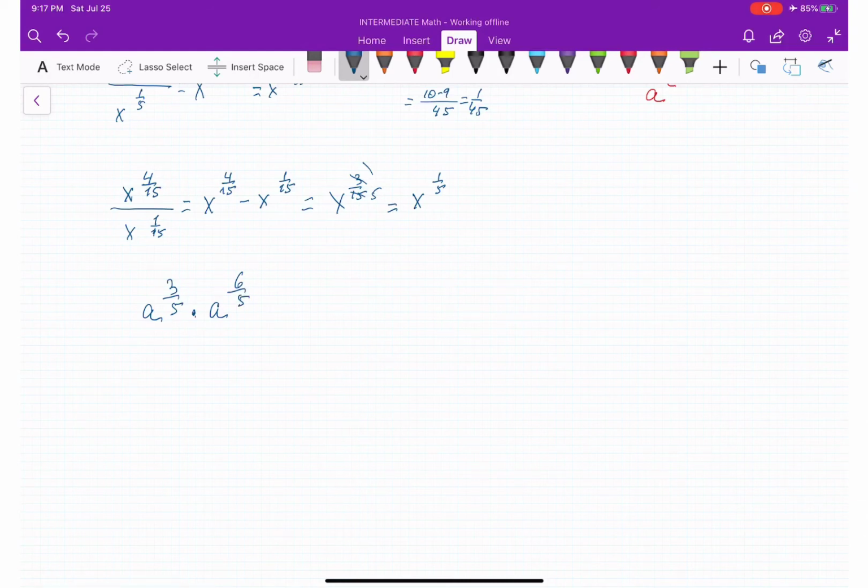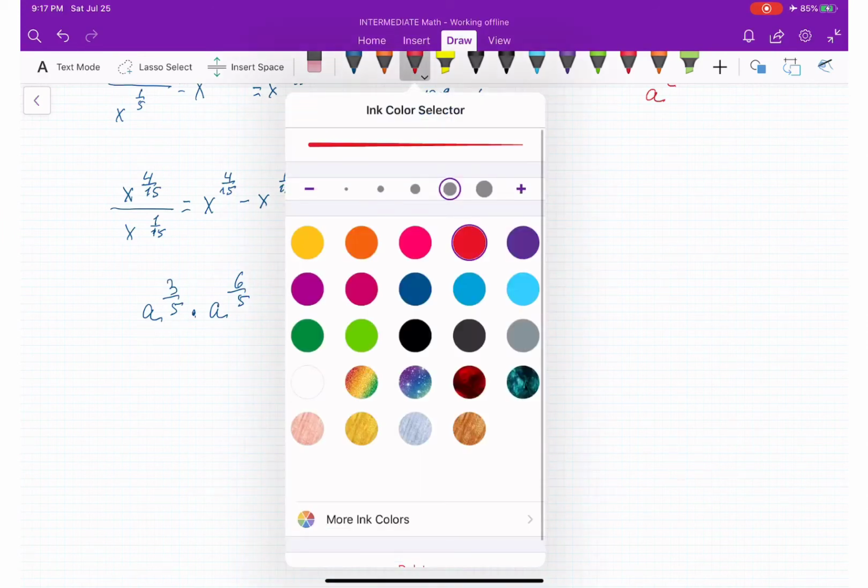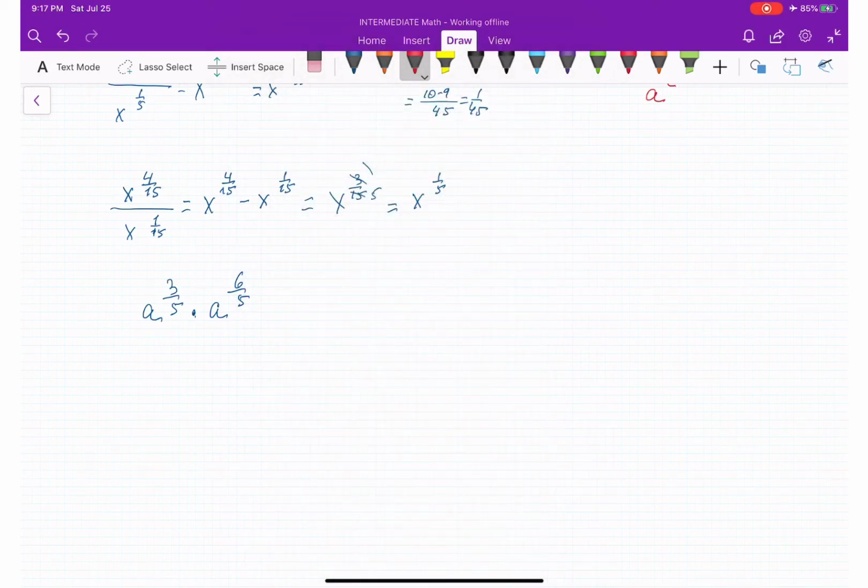Okay, so in the case of multiplication, a to power b times a to power c, we are adding exponents. So the same thing we are going to do here. It will be a, and we get 3 over 5 plus 6 over 5. Since denominator is the same, all we do is add exponents, right? Numerator, which will be 3 plus 6, will be 9 over 5.